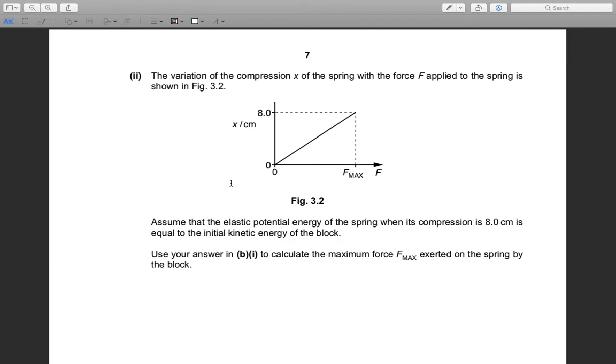Okay, we will use the kinetic energy as the work done.